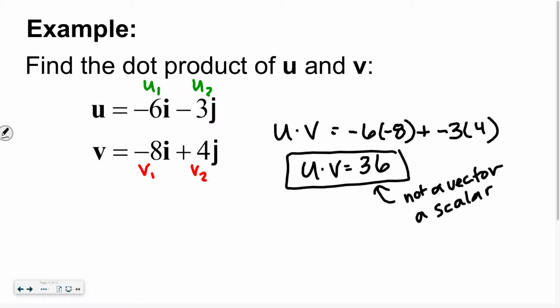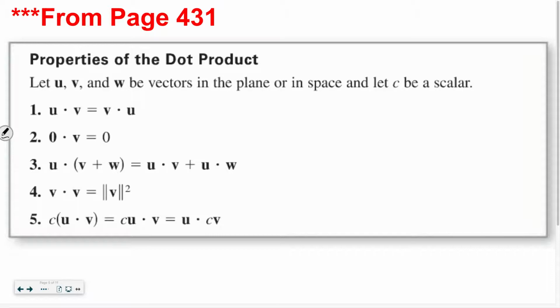So I don't want to say too much. But you'll see that we can use the dot product, just like we use the determinant for different things, to find some other things about our vectors.